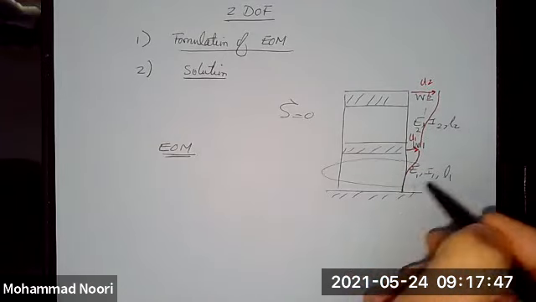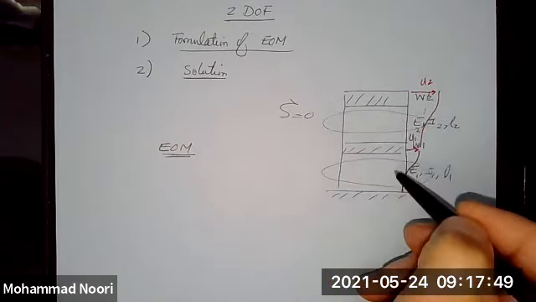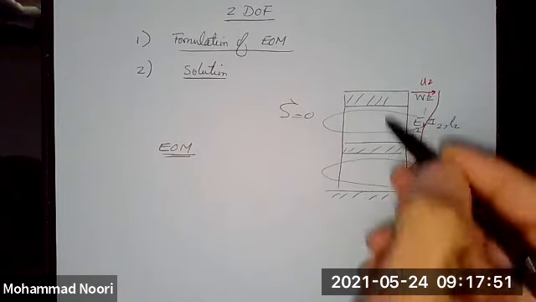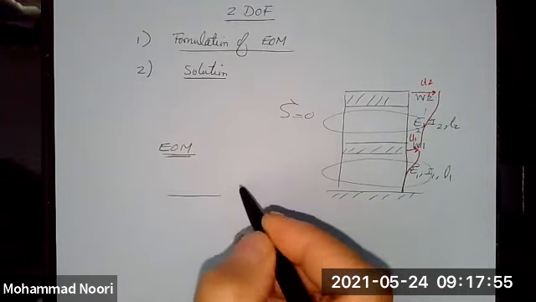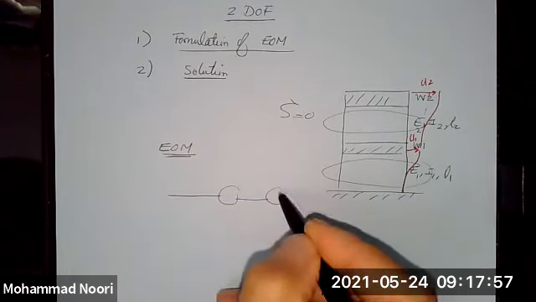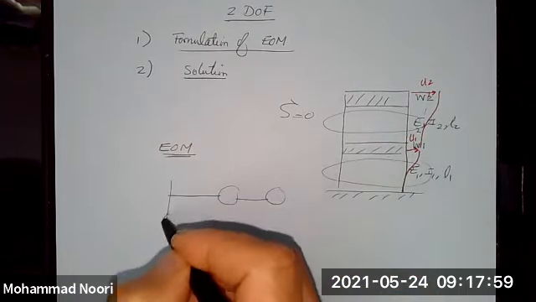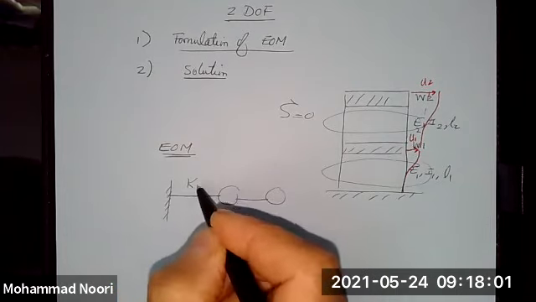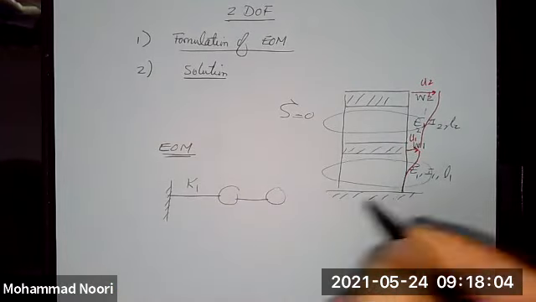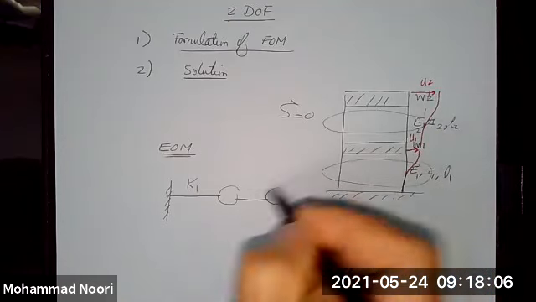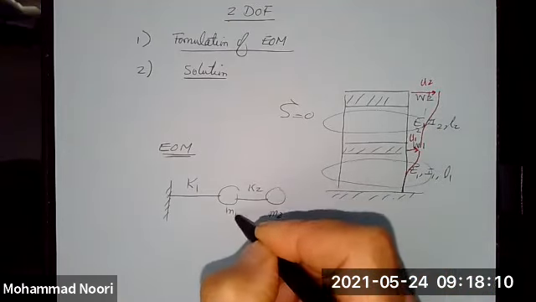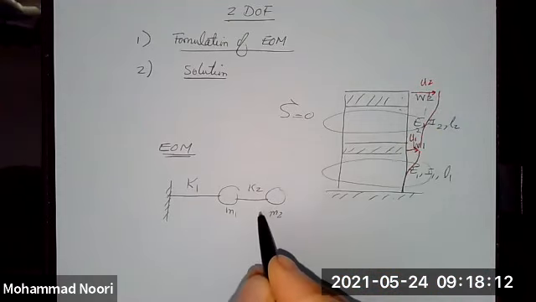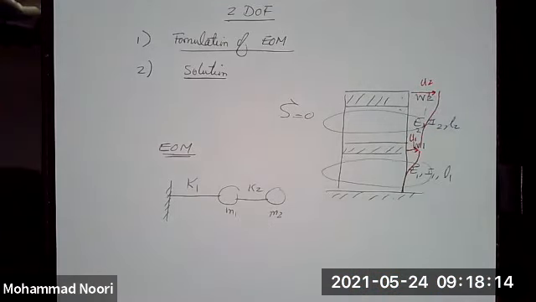Find first the total stiffness that connects these 2. So the model that you are looking for would be something like this, that you have a stiffness between this and the floor, and you have another stiffness between the 2 floors, and you want to model the system like this.